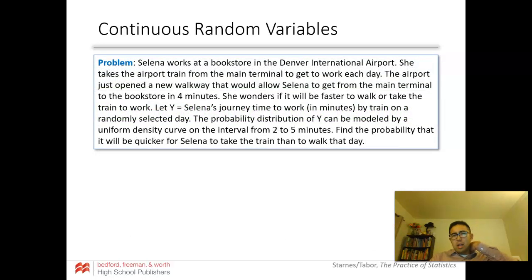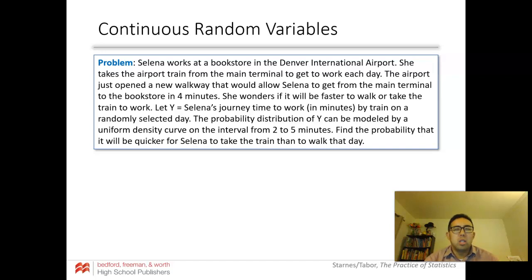So let's give an example. Let's say Selena works at a bookstore in the Denver International Airport. She takes the airport train from the main terminal to get to work each day. The airport just opened a new walkway that would allow Selena to get from the main terminal to the bookstore in 4 minutes. She wonders if it would be faster to walk or take the train to work.